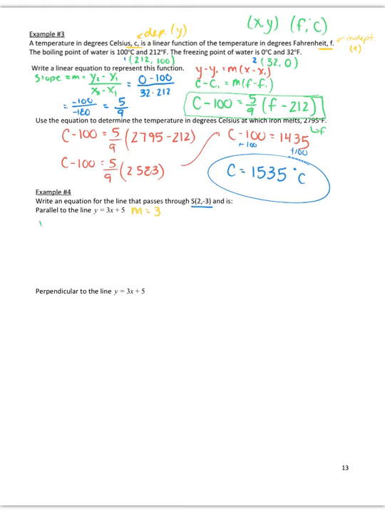Now, if we want to write its equation, we can say y minus y1 is equal to m times x minus x1. So we'll put in our point: y minus negative 3 is equal to 3 times x minus 2. Again, they have the same slope because they are parallel. Just finishing up here, y plus 3 is equal to 3 times x, oops, that should be a minus 2.